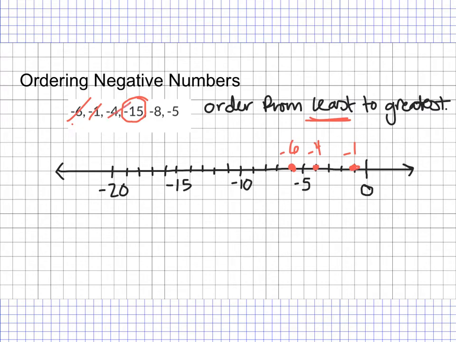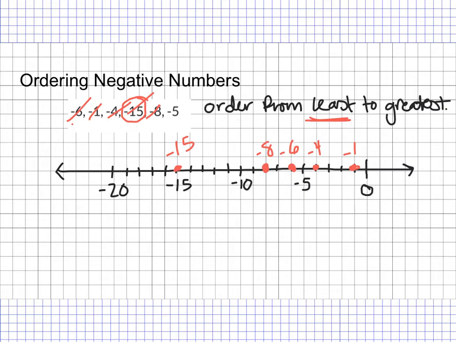Negative 15. That's all the way down here. That one was numbered, so that one was easy. And then negative 8. Well, that's also between 5 and 10, so that must be 2 above 10.